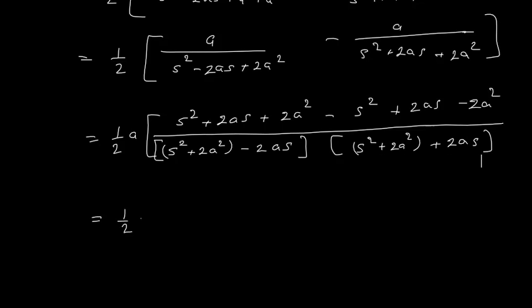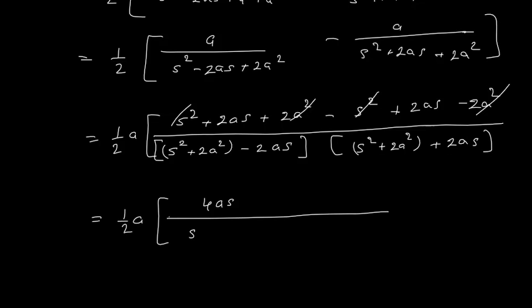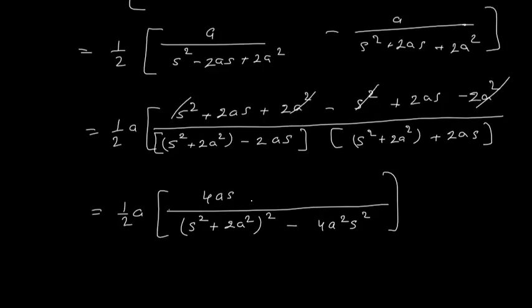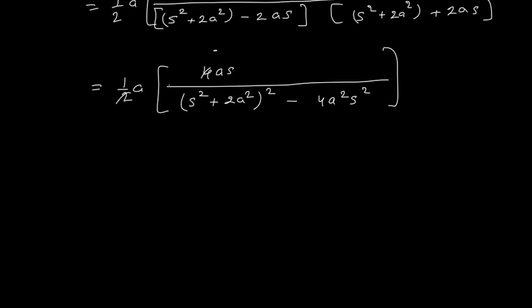So this is 1 by 2 a. Now in the numerator s square cancels, 2a square cancels, and this 2as plus 2as will become 4as, upon, here a square means s square plus 2a square the whole square, minus 4a square s square, the square of this 2as. So the 2 and the 2 give 4, and my numerator is 2 times a into a square s.